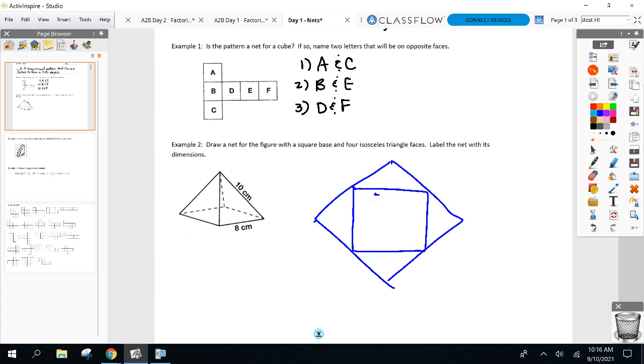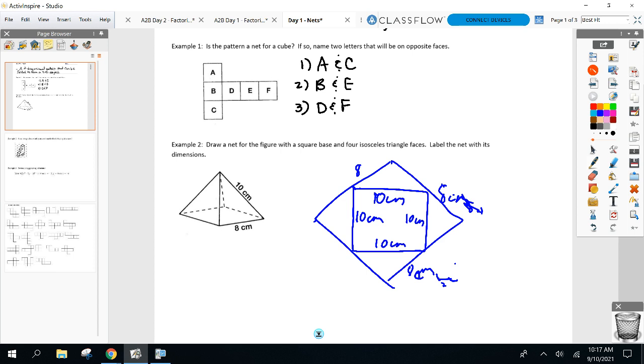So then should I also label it? Okay, you don't need to label. Yes and no to this.